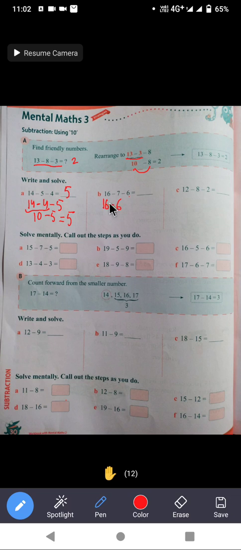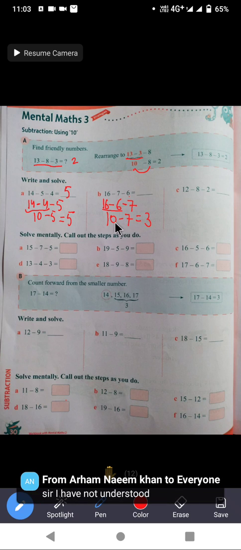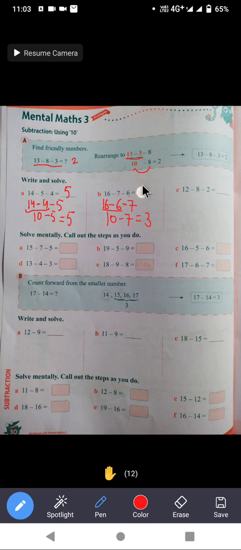That's why I am taking 6 with 16, and this minus 7 I will write at last. So now 16 minus 6 is 10. Then I will subtract 7 from 10, so we will get 3. Okay, 10 minus 7 is 3, so the required answer is 3. So 16 minus 7 minus 6 is 3.